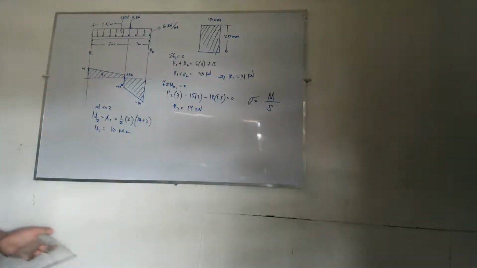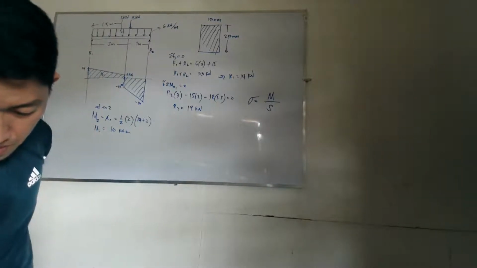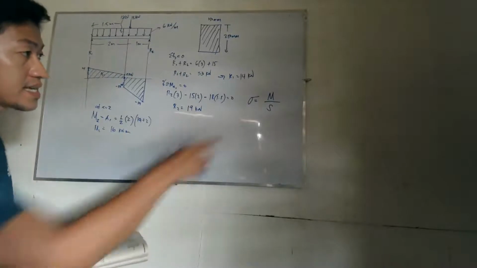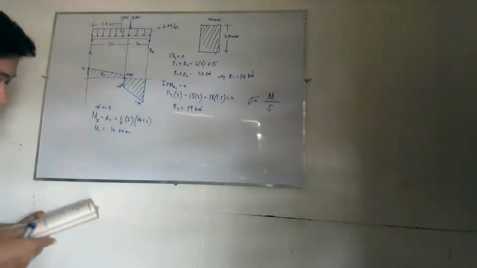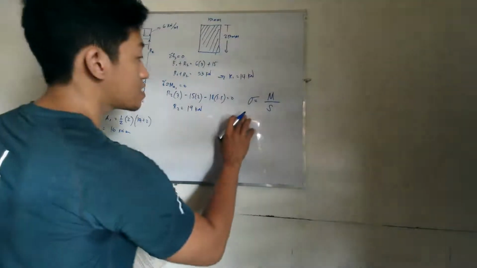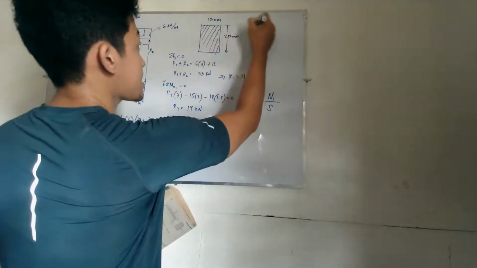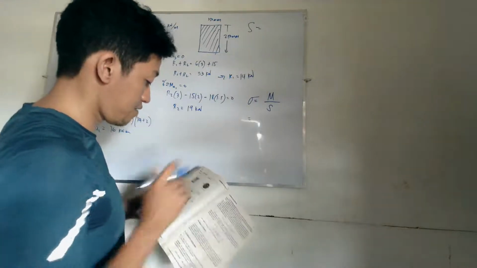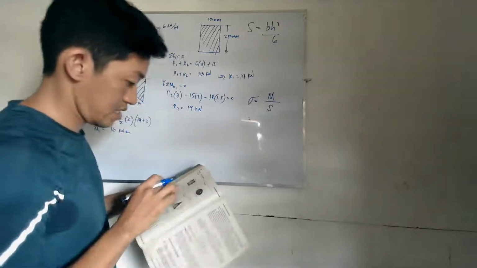Okay? So that is what we multiply here, that is the equation. The section modulus is, based on the figure, b h squared over 6.